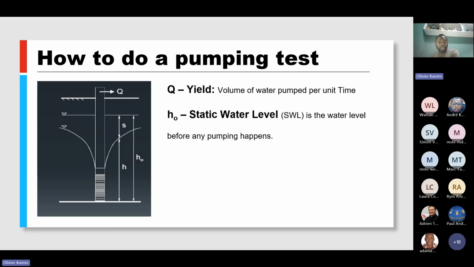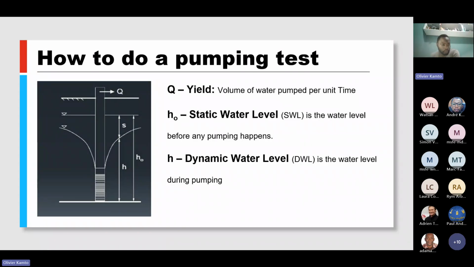Then associated to the static water level is the dynamic water level or the pumping water level. So as we pump the water, this area below here is associated to the pumping water level.